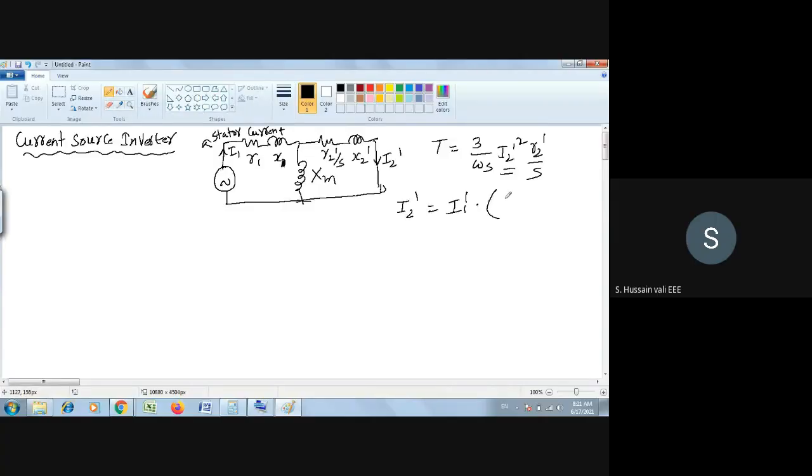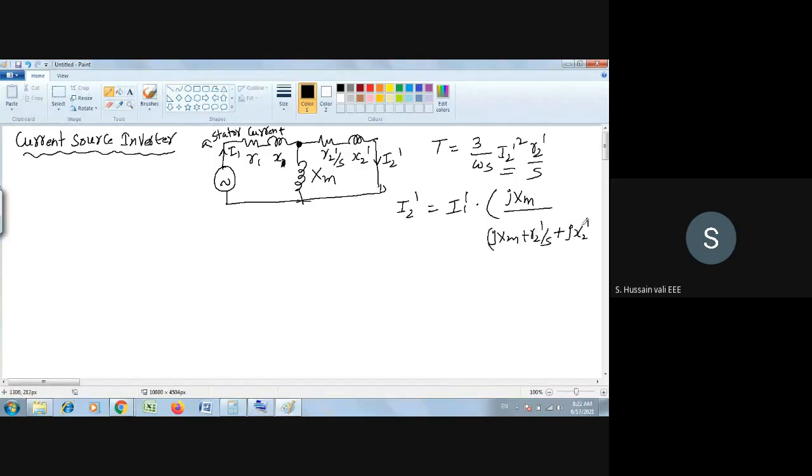there is a current division at this point. So you apply the current division rule, then you will find out JXM, because you take the opposite impedance, divided by the total impedance JXM plus R2 dash by S plus JX2 dash.